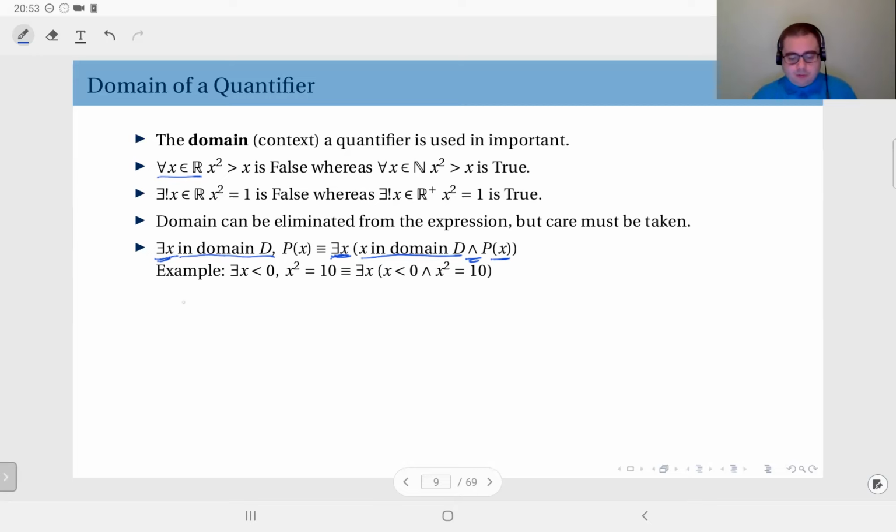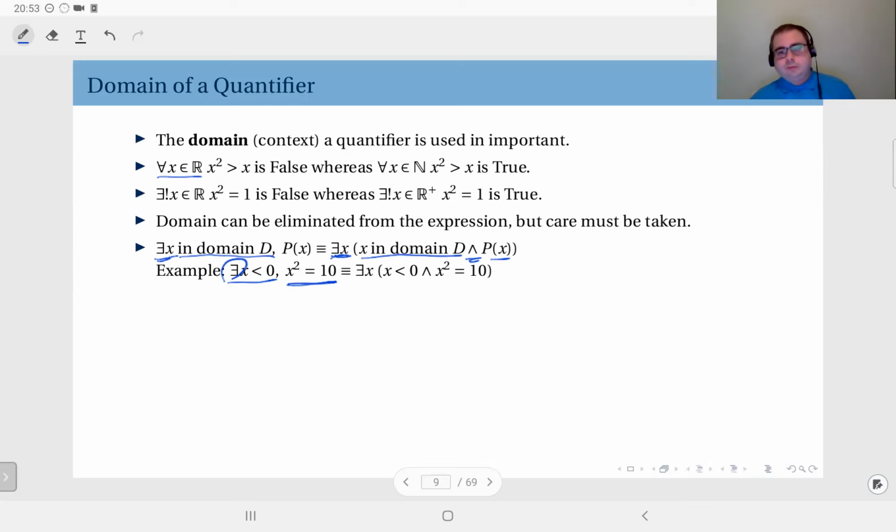Here's an example. For all x negative, this is my domain of discourse. I'm sorry, this is of course the existence. There exists an x that is negative, x squared equals 10. Okay, so what this statement says is consider all possible negative numbers.